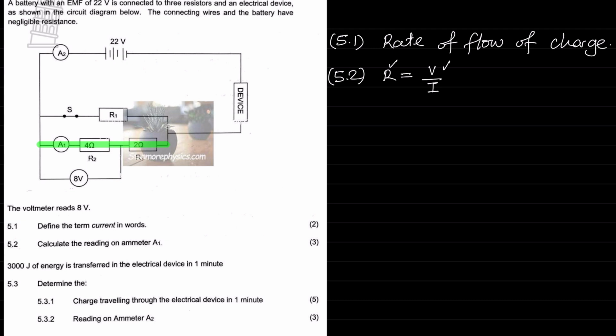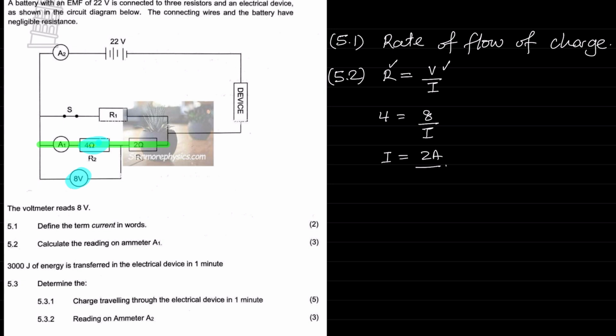Now what can we substitute? If you look at this branch, we have a 4 ohm resistor and we know the potential difference across that 4 ohm resistor. So we can use that pair. We can say that 4 is equal to 8 divided by I. Then solve for I is equal to 2 amperes.